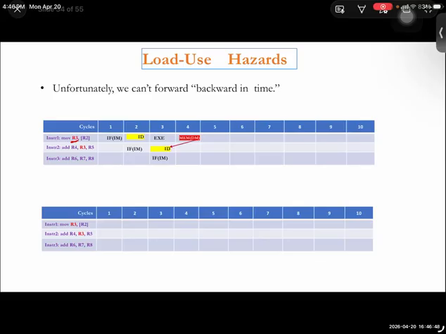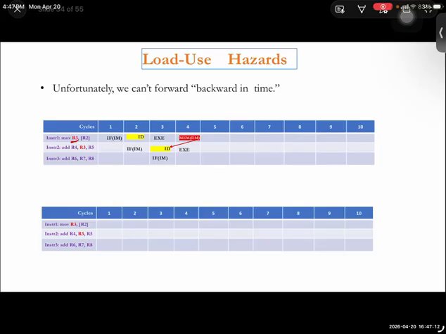But that's at the end of the fourth stage, while instruction 2 needs the R3 value during the third stage. So this bypass and forward solution fails in these kinds of conditions.